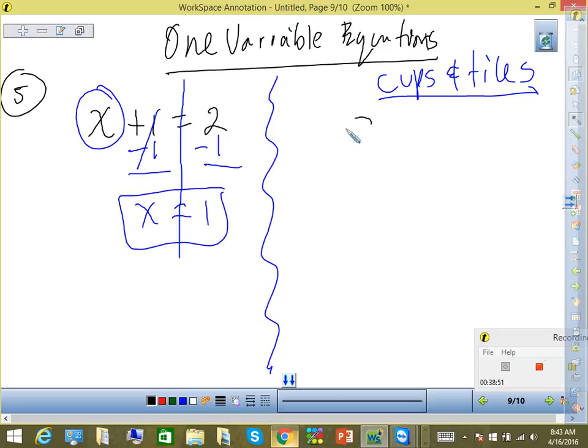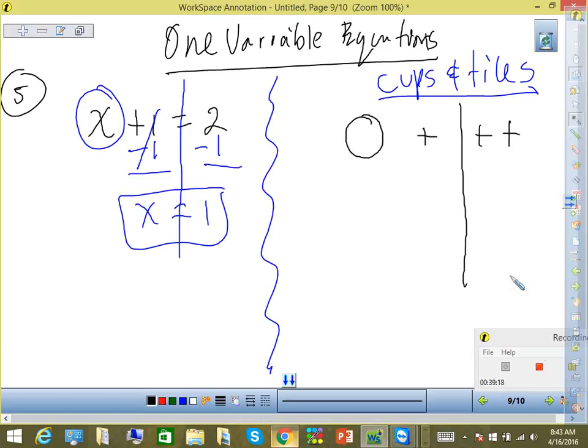I'm going to use a little circle for the cup, as if looking from the top view, like a satellite view. Now, how many positives do you see there? 1. So I'm going to put 1 positive integer. I'm going to draw a line down. That's my equal sign.